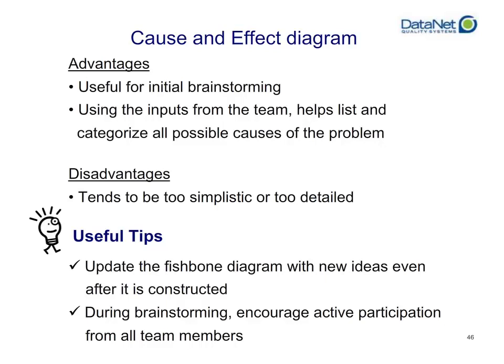So it's a great way to start bouncing ideas off of each other to get at whatever your core underlying issue is. Also, using the inputs from the team helps you list ideas and categorize things that you may not have even considered.